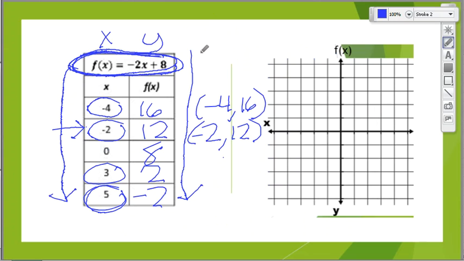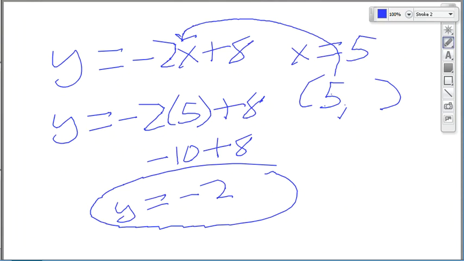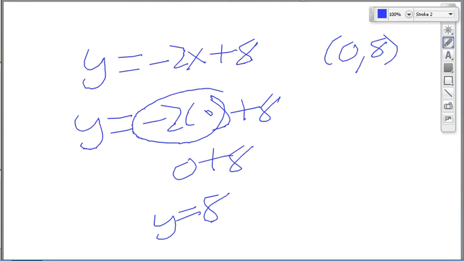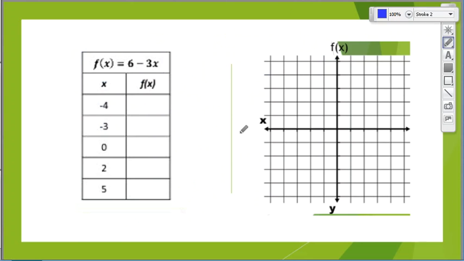Okay, so you guys just created your first table of values. So let's look at one more example of this, and then I want to have you do one on your own for your quiz. Okay, so we have a line here, y equals 6 minus 3x, and we're going to fill in this table of values.